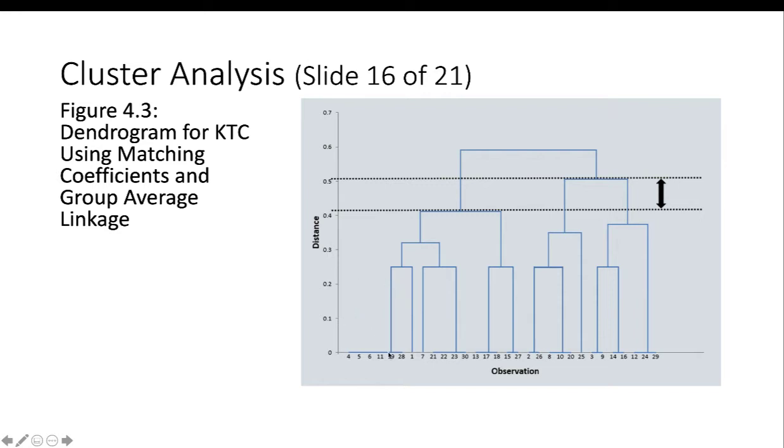Each blue horizontal line in the dendrogram represents a merger of 2 or more clusters, where observations in the merged clusters are connected to the blue horizontal line with a blue vertical line. For example, the blue horizontal line connecting the observations 4, 5, 6, 11, 19, and 28 shows that the 6 observations are grouped together and the resulting cluster has a dissimilarity measure of 0.